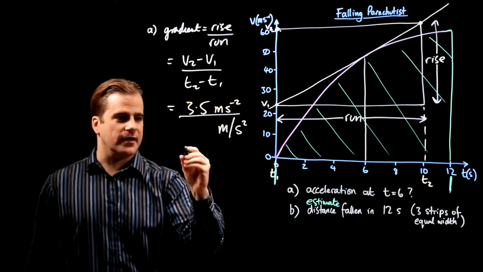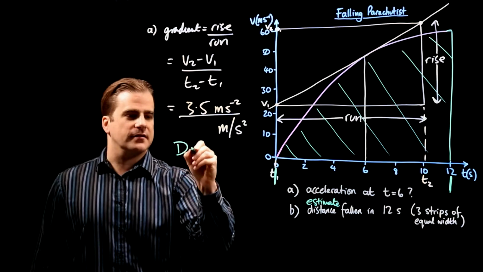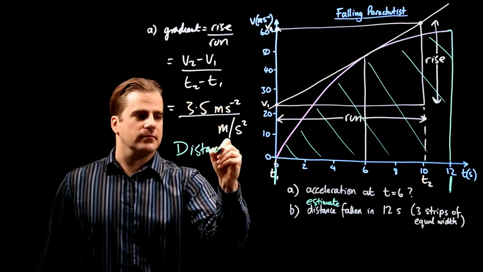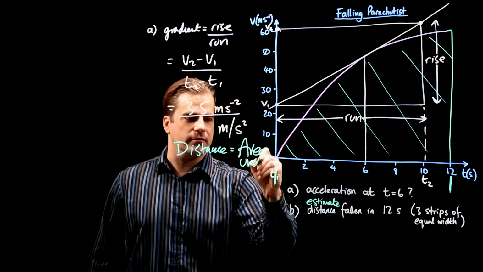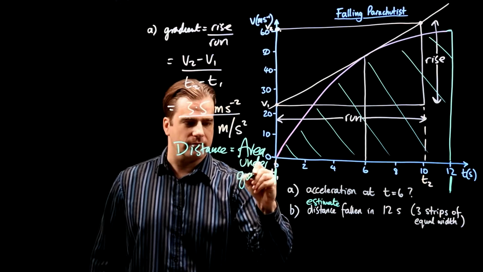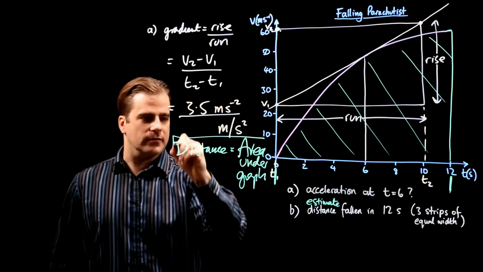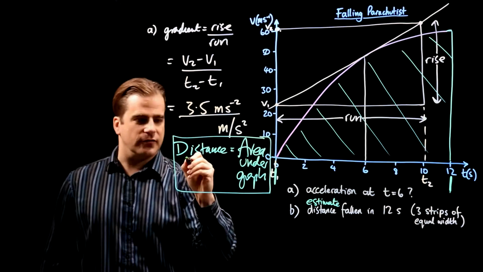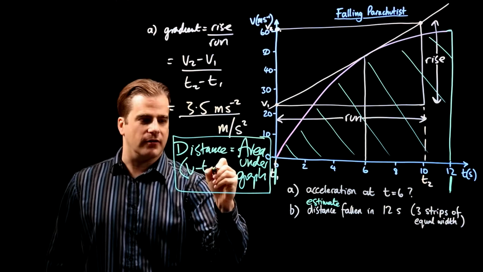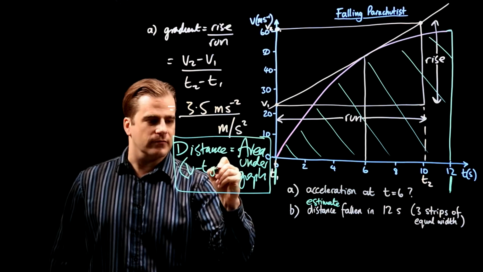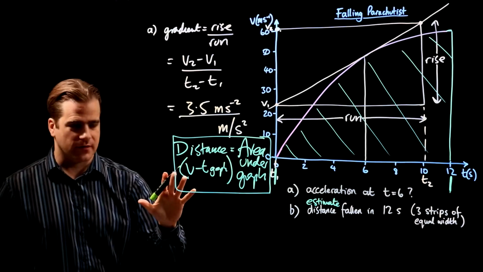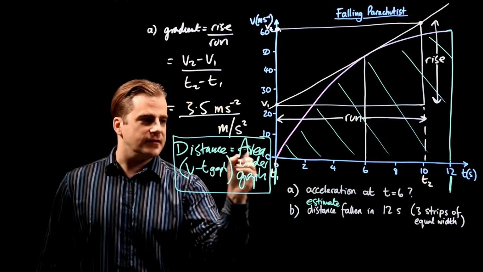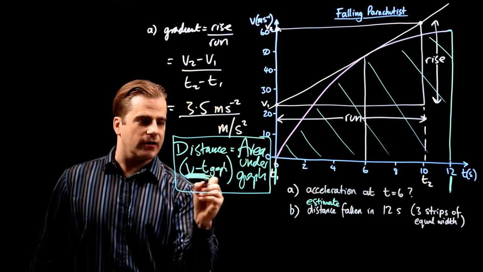Okay, I'll write that down. Distance equals area. Area under graph. Okay, that's for a velocity time graph. It doesn't work on a distance time graph. Okay, distance is area on a velocity time graph.